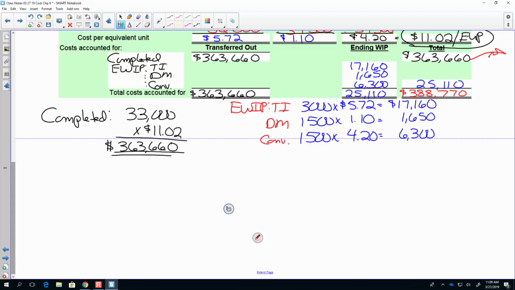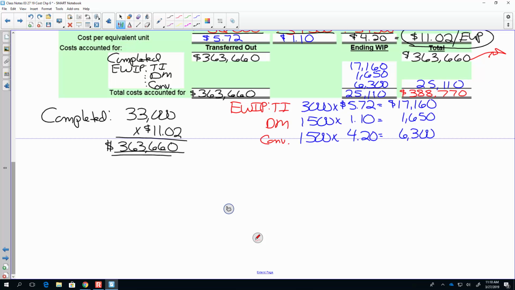Secondly, if I ask, what is the balance of the ending WIP in Department B? How much cost is in Department B at the end? 25,110. What is my cost per equivalent unit in Department B? 11.02.